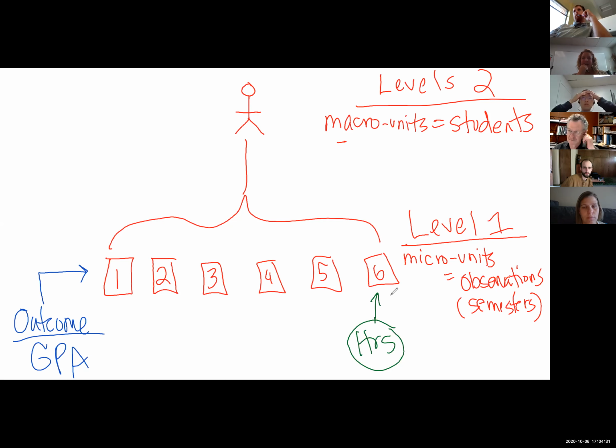Sarah, yeah. In the Hawks chapter, they talk about time invariant variables. Would a time invariant variable always be a higher level variable? Yes. Okay. So level 1 predictors are time variant. They could change from time to time.